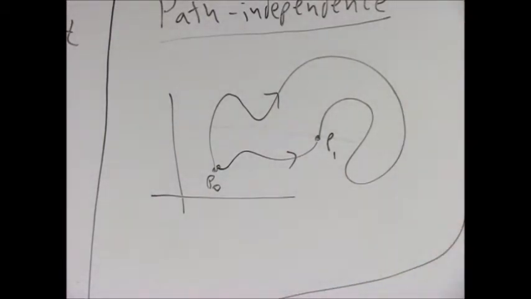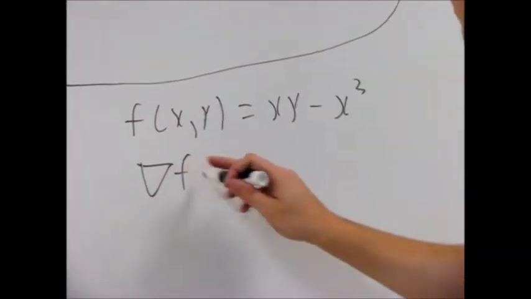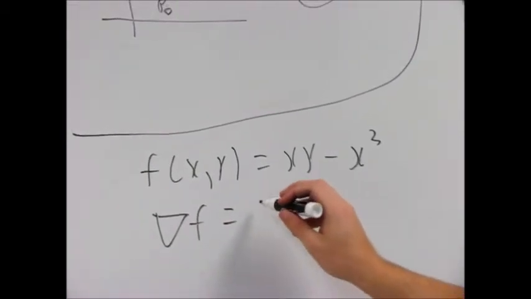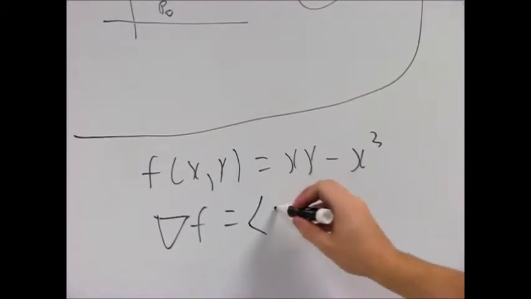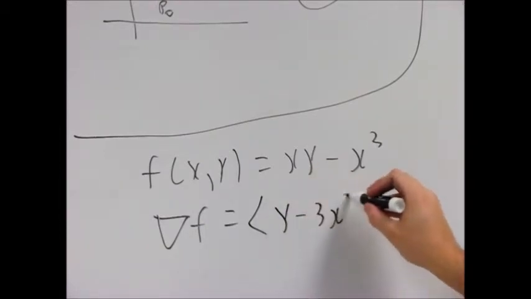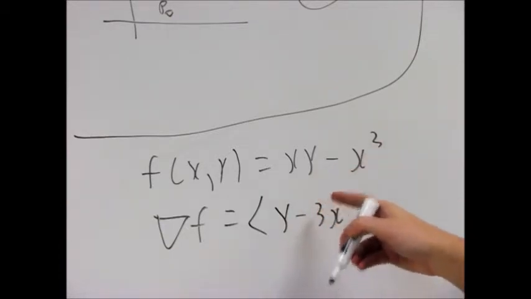So let's say f of x, y is xy minus x cubed, for example. So the gradient is going to be the partial derivative with respect to x, which is y minus 3x squared. The other one will be with respect to y, so it's constant, so x.